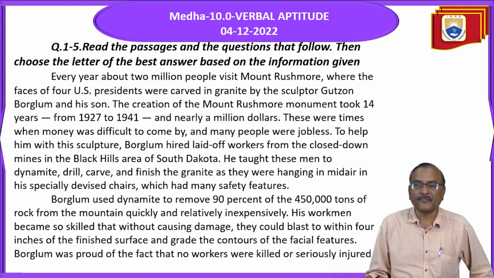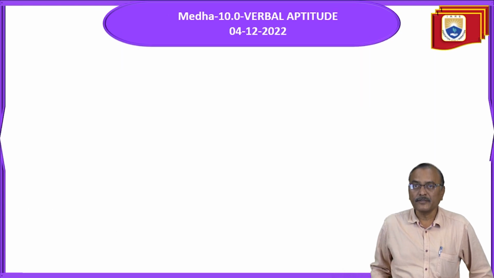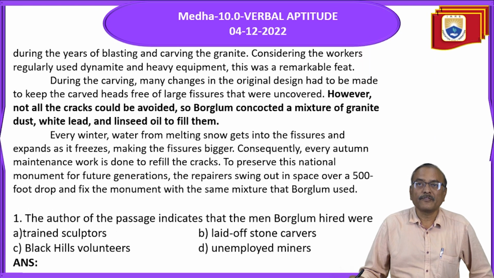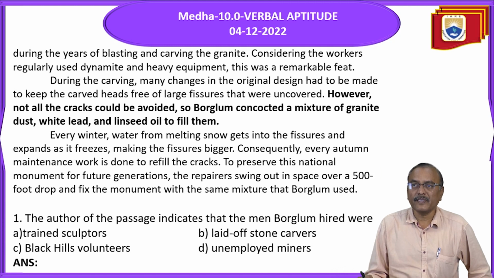Borglum was proud of the fact that no workers were killed or seriously injured during the years of blasting and carving the granite. Considering the workers regularly used dynamite and heavy equipment, this was a remarkable feat.